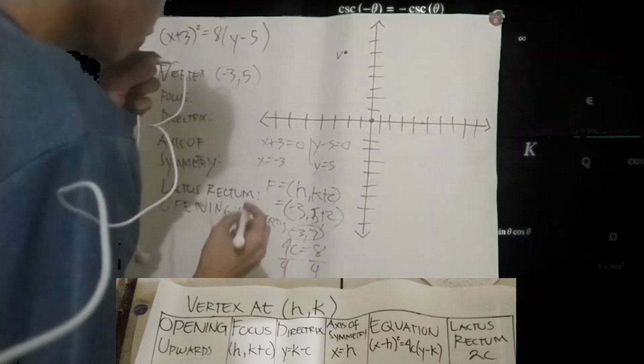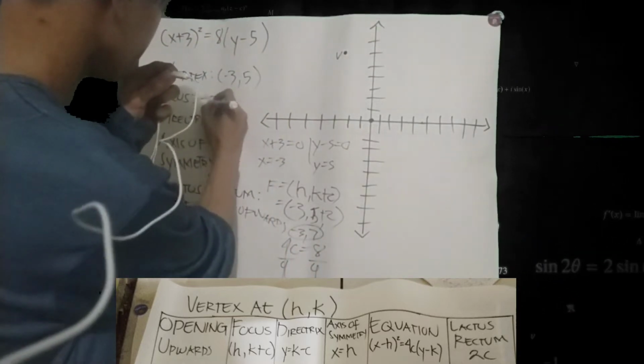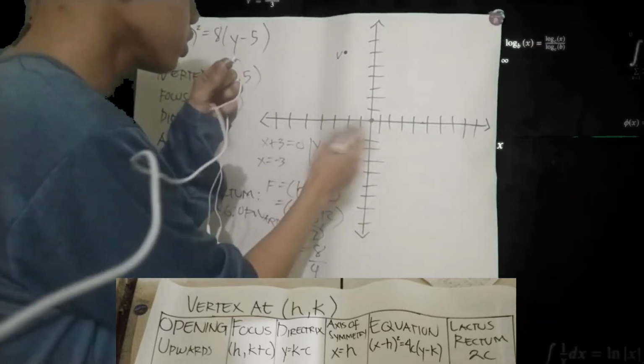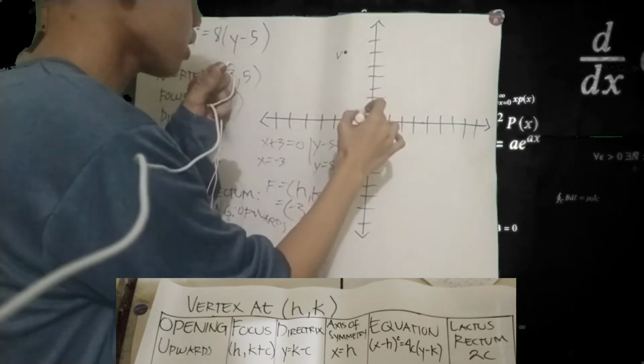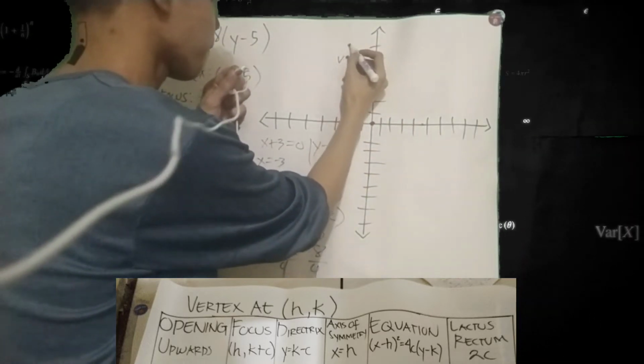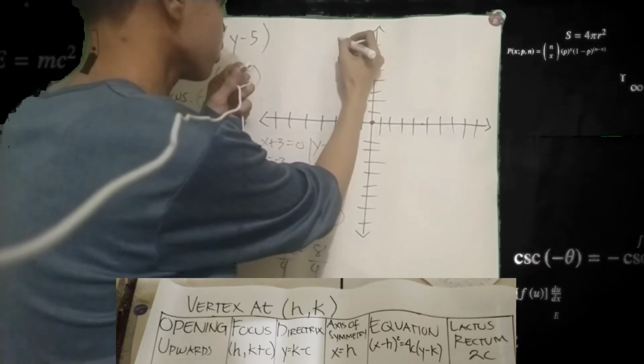So ang coordinates ng focus is negative 3 and 7. So 3 units to the left, 7 units upward, 1, 2, 3, 4, 5, 6, 7. Ito yung focus.